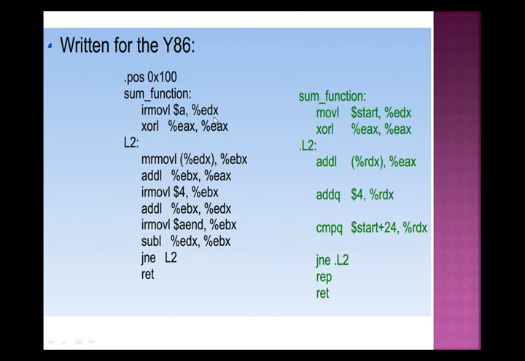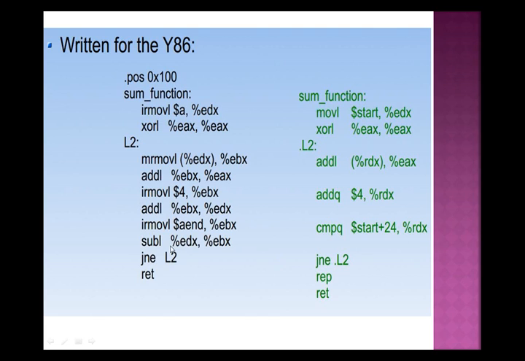Move the values from one register to another, moving the contents from EDX to EAX, then the XOR operation, XOR EAX and EAX. Then again at L2, an MRmovl moves the value, and then add the result. This is used for moving and then add.